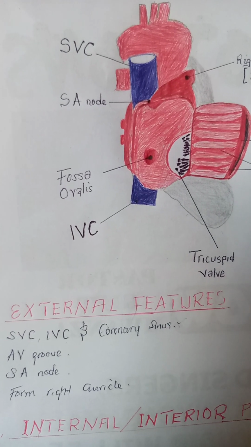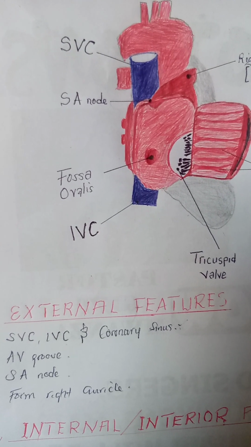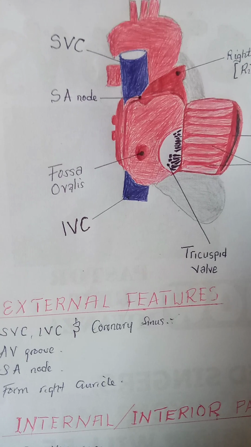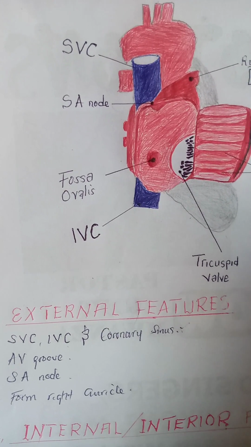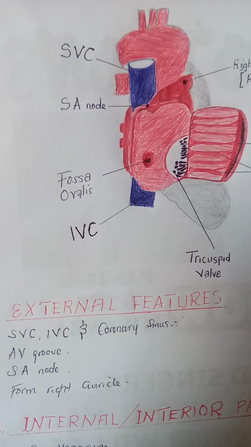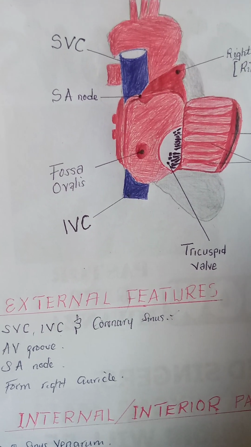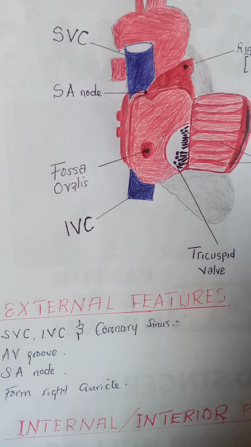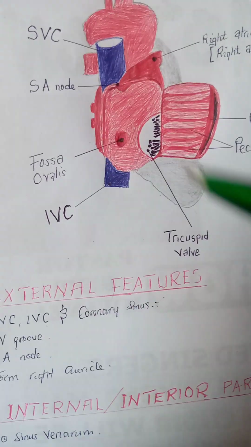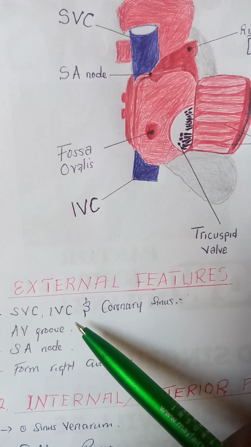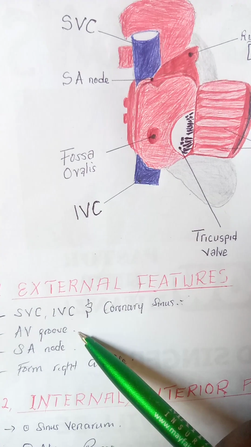The AV groove is basically the right coronary sulcus, which encloses the right coronary artery as it descends downwards. You can appreciate it on the right atrium as well. So this is the groove which you're going to appreciate on the external features of the right atrium.